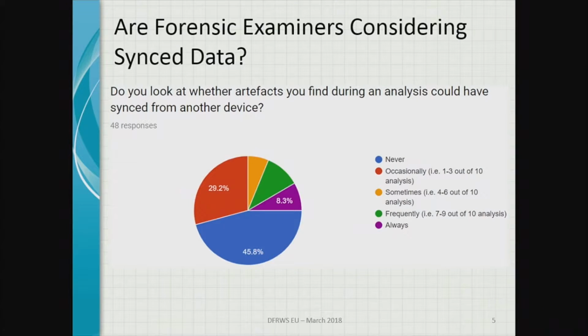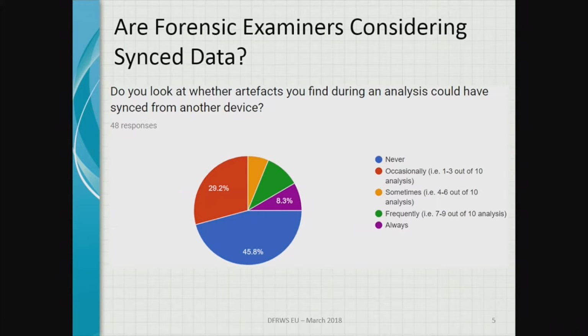One of the things I did, and this was kind of last minute, at the beginning of the week I sent out a really quick survey, not a very well-constructed survey, I realized once I started seeing answers come in, but it still gave us a good picture. This was a survey to about 400 practitioners, and I got about a 10% response. I asked them, do you look for artifacts, whether your artifacts are synced or local, when you're doing your forensic analysis?